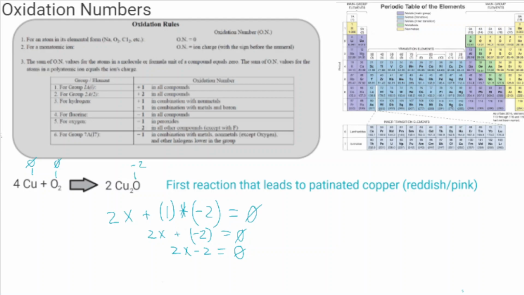Then we can bring that 2 over, add 2 to both sides. So we'll have 2x is equal to 2. And then to isolate the x, we'll divide both sides by 2. We'll get x is equal to 1, or positive 1. And so on average, each of the copper atoms are going to have an oxidation number of positive 1. So that's what we write down.